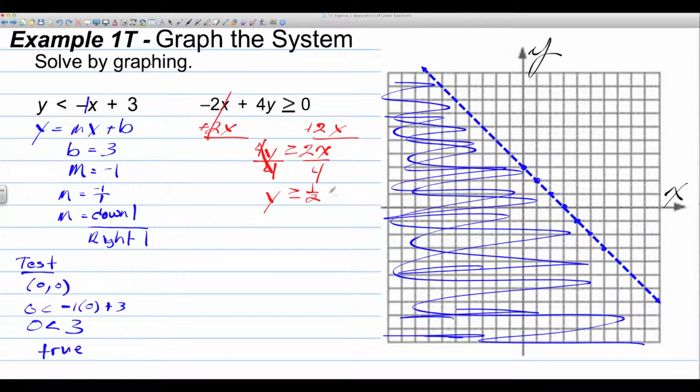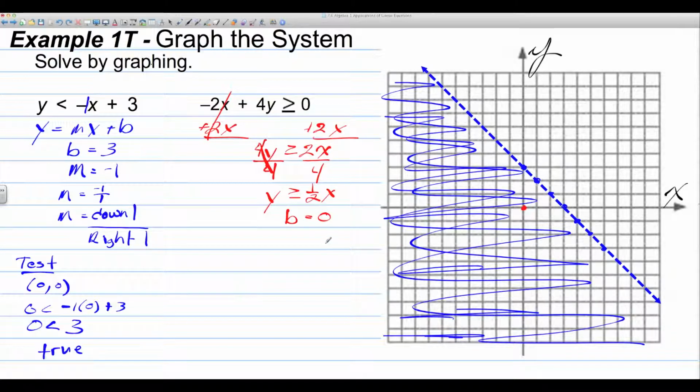Notice I didn't change that into a decimal. I just reduced the fraction 2 over 4 and wrote it in front of the variable. So I have 1/2 x. To graph this line, I know that it's going to go through the point 0, 0, because when x is equal to 0, y has to be equal to 0. So effectively the y-intercept here is 0.